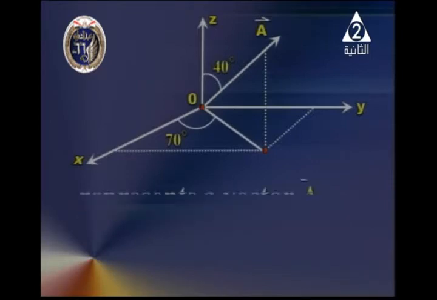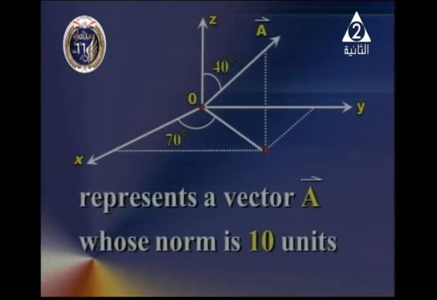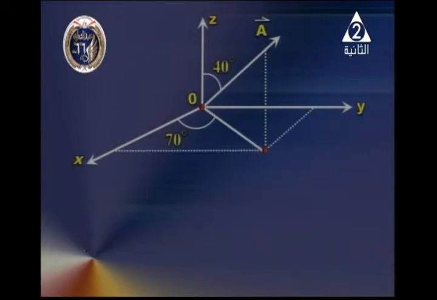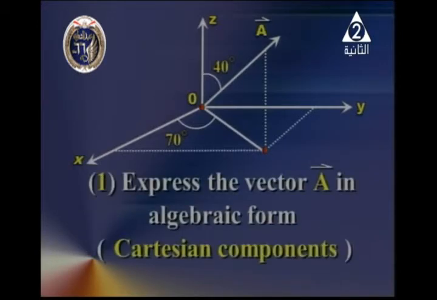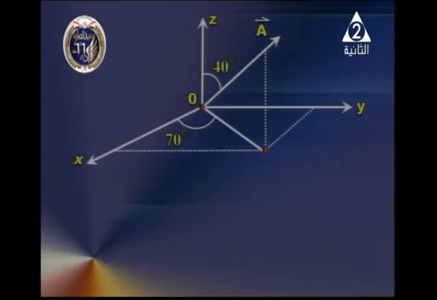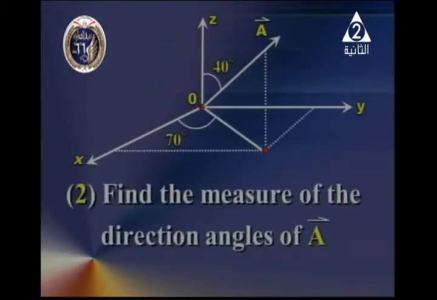The opposite figure represents vector A whose norm is 10 units. How to express the vector A in algebraic form or Cartesian components? Number 2, find the measure of the direction angles of vector A.